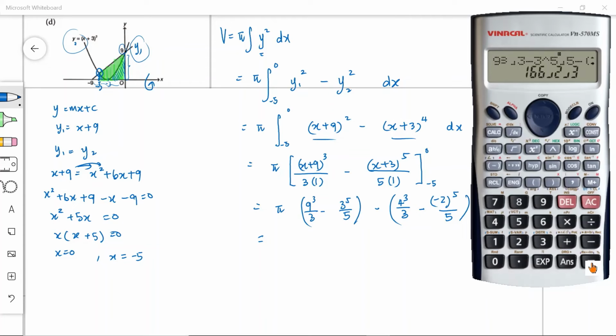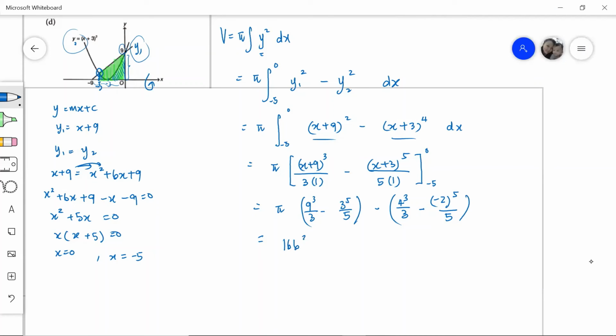Okay, we got 166 and 2 over 3. 166 and 2 over 3 pi unit cube. Okay, so that's it for the volume generated for question D.